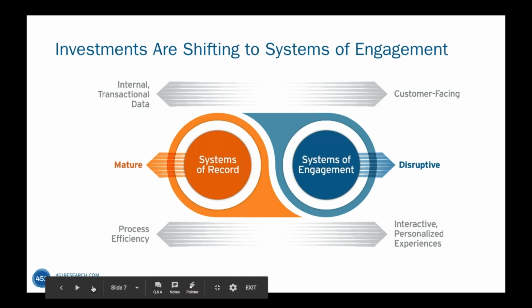And the other element that isn't on this particular image, but that is important here, is what we talk about, not just systems of engagement, but systems of intelligence. So the things like machine learning and AI, which actually drive those interactive, personalized experiences.